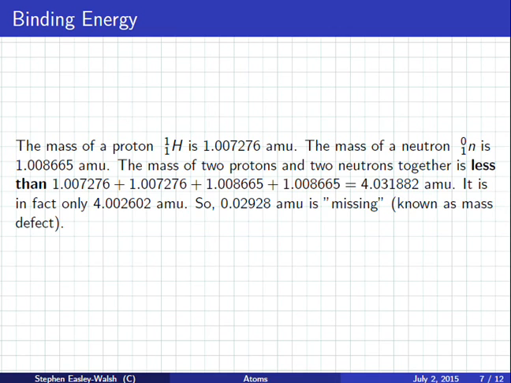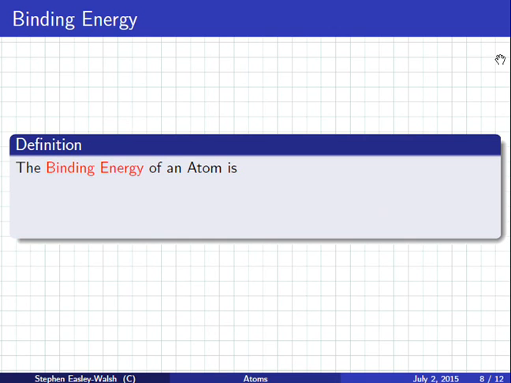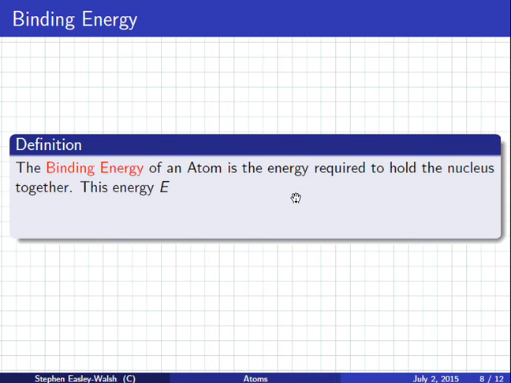You got that? Okay. So we have a definition now. First let me just go through it. The binding energy of an atom is the energy required to hold the nucleus together. This energy E is equal to mc squared again, where m is the mass defect.